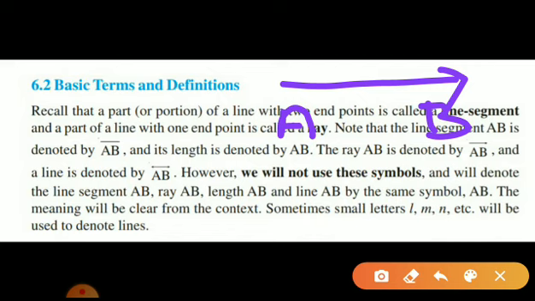Now if I draw it like this and say it is ray BA, it is wrong, because what is my initial point here? A. That cannot be extended further, so that point should be read first. So it is ray AB. That means from B I can extend it. Is it clear? That means for a ray you have only a single endpoint, and it can be extended from one side.